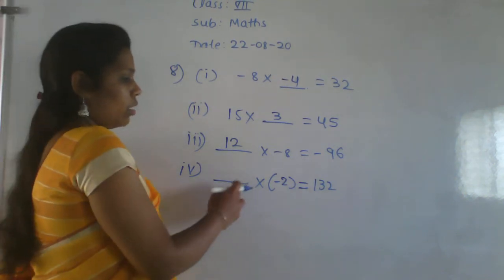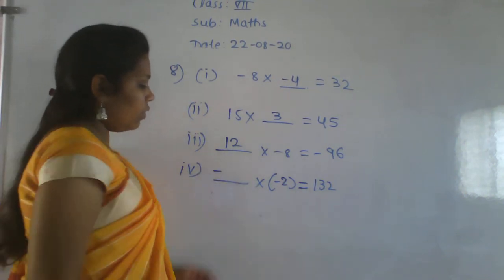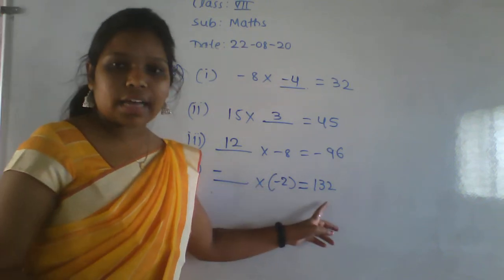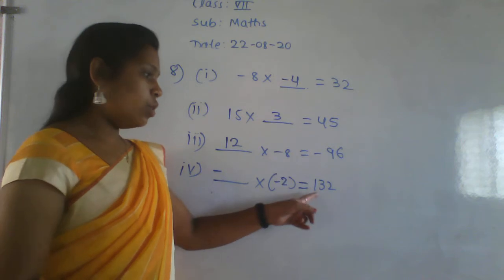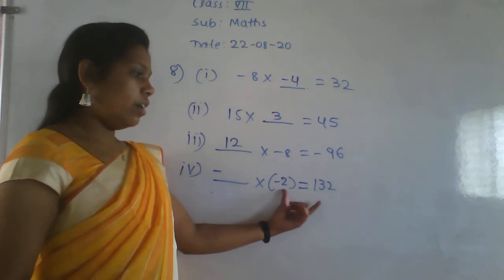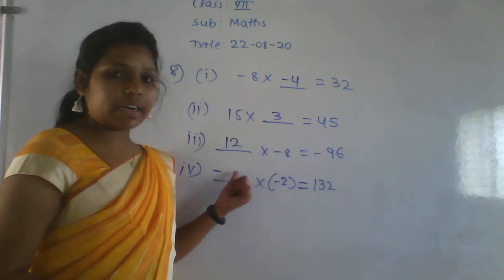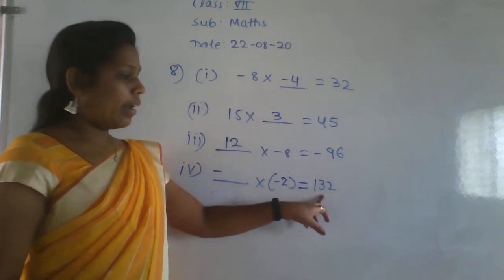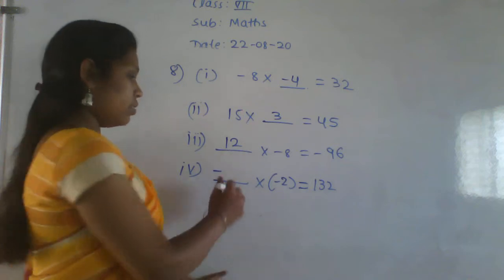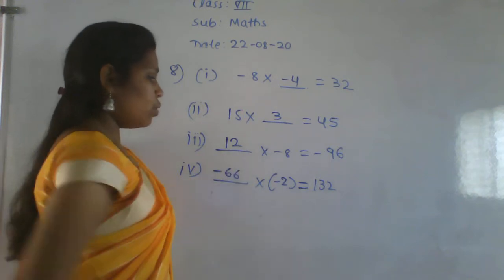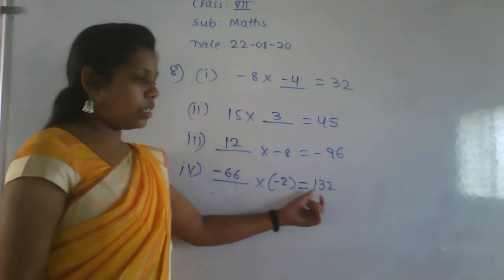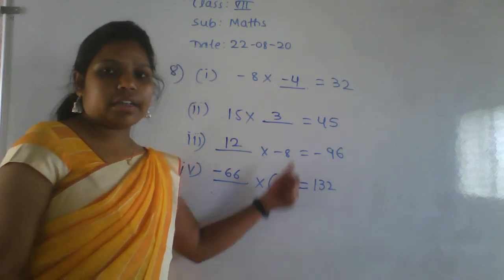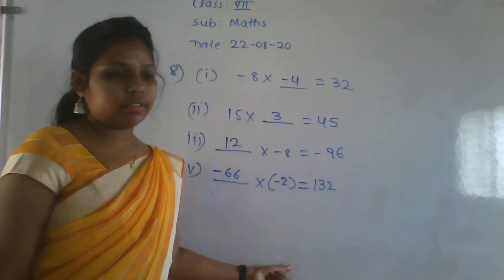Of course, we have to take a negative integer here because a negative integer is already there, but the answer is a positive integer. So 132 is there. Divide this number by 2 and you will get this value. 2 6s are 12, 1 carry, and again it will become 12. So minus 66 into minus 2, you will get 132 as the answer here. Like this you have to fill these.